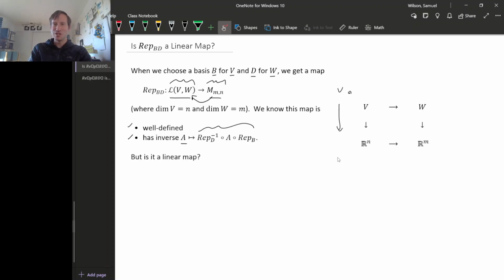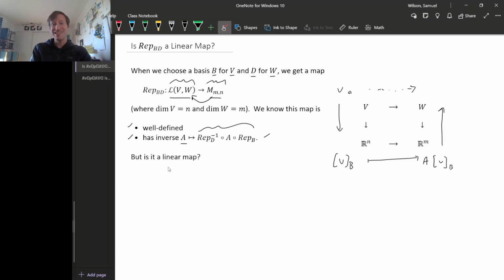First, you take its representation relative to the basis. Then you hit it with the matrix A by doing this matrix-vector multiplication. And then you do the inverse of representation with respect to D, and that gives you a vector over in W. We checked that is a linear map from V to W. So we have an inverse for this function rep BD.